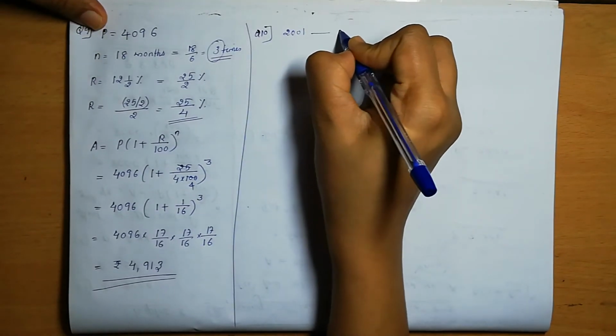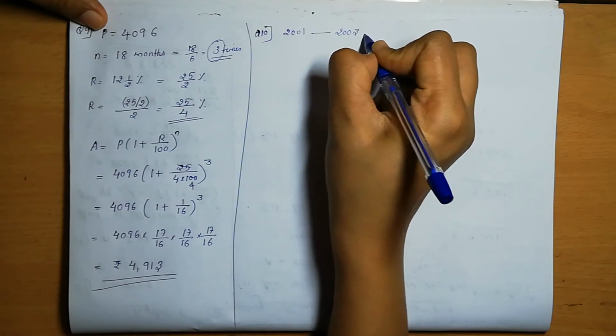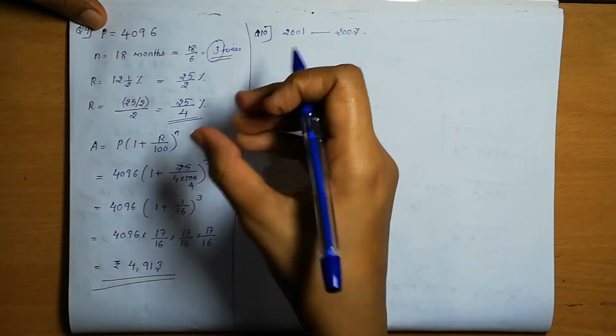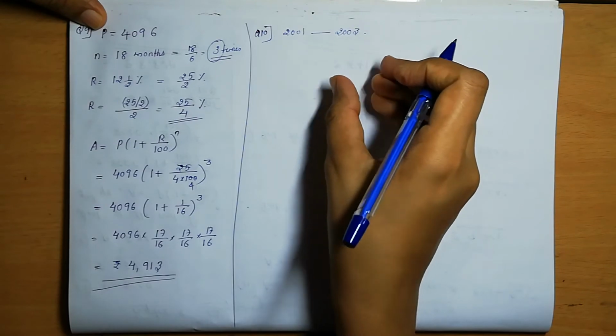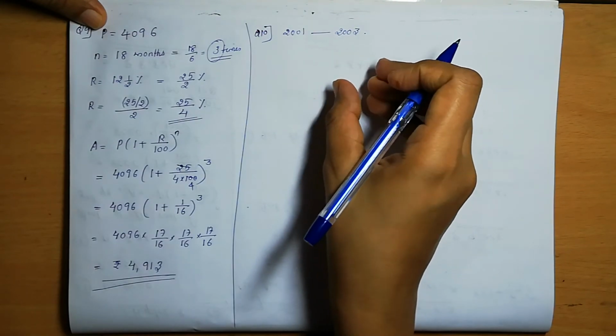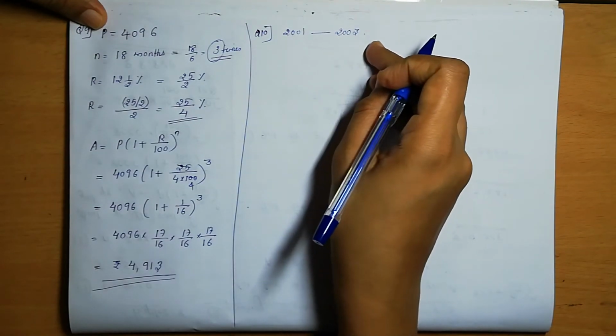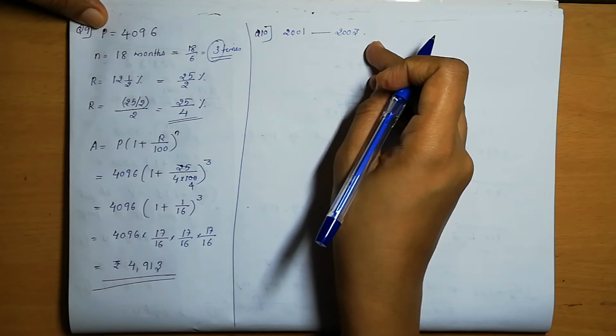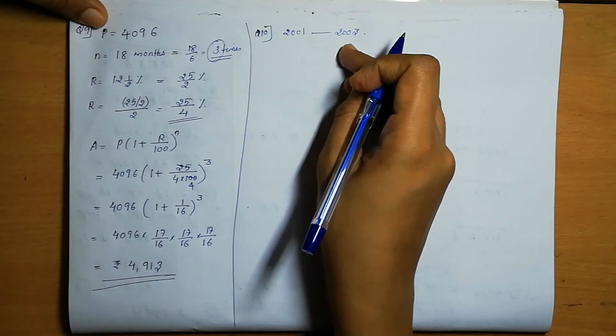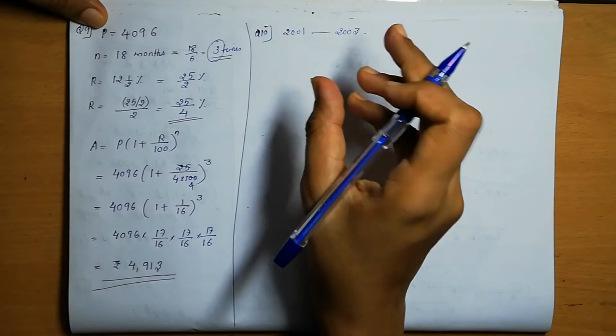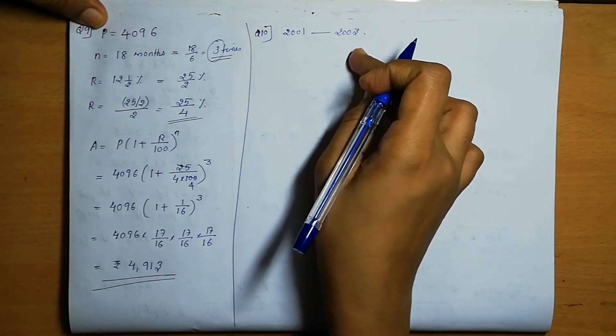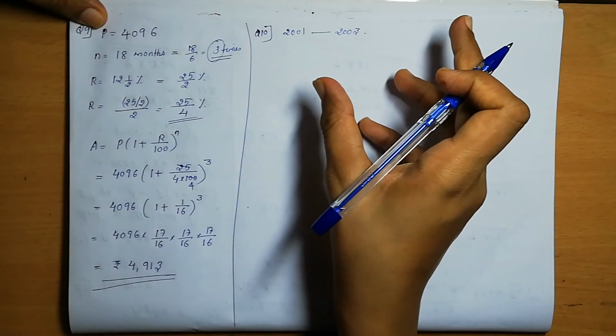From 2001 to 2003 the increment has happened, right? So the population is increased to the recent population, that means the population in the year 2003. What is the population? 54,000 is the population, right? That means if you are comparing with compound interest, this is the amount. Like that, the amount only we are taking, right?